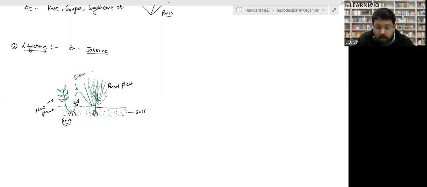The part of the branch which has developed roots grows to become a new plant. And the example I have already told you, that is the chameli.